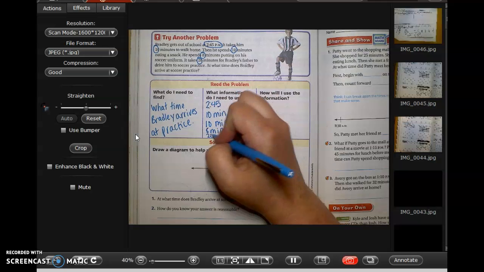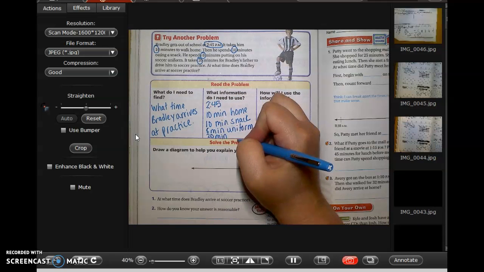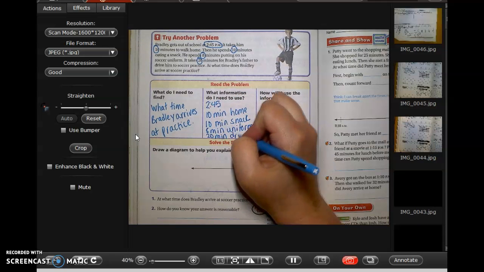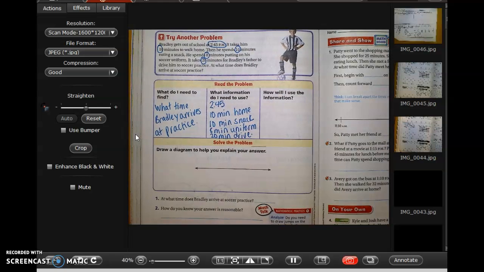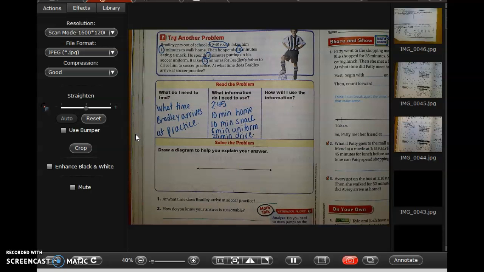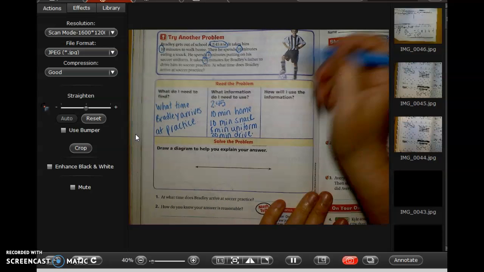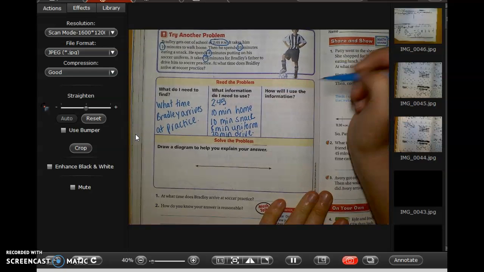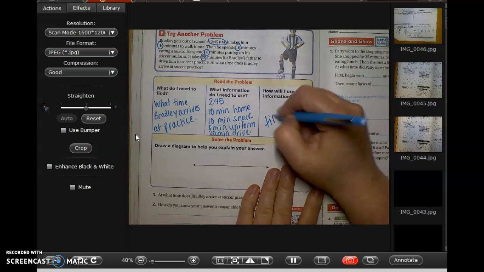And 20-minute drive. Those are all the steps he has to go to get there. Remember, pause your video, then write it down. How will I use the information? We're going to make a timeline.